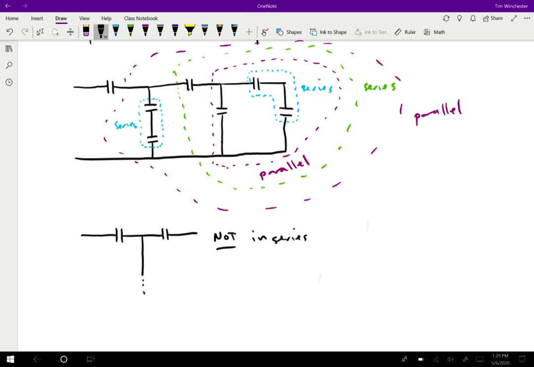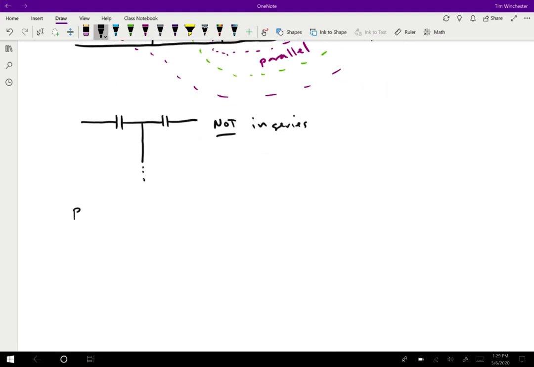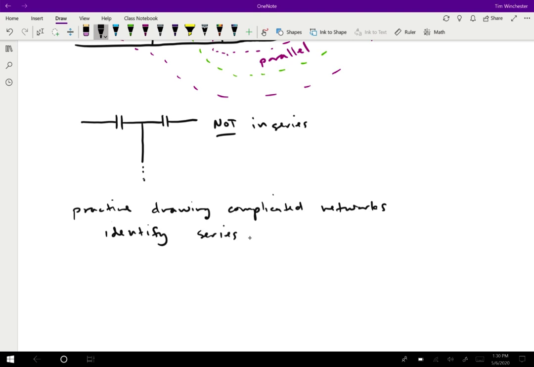So what I would suggest is you should practice drawing complicated networks, and then identifying series and parallel parts, which is usually possible.